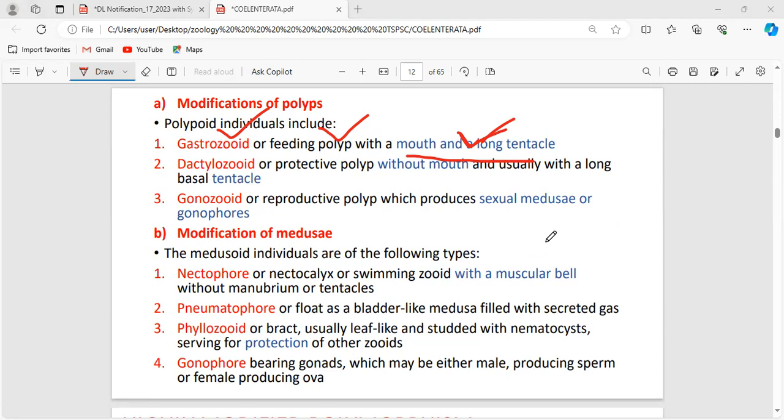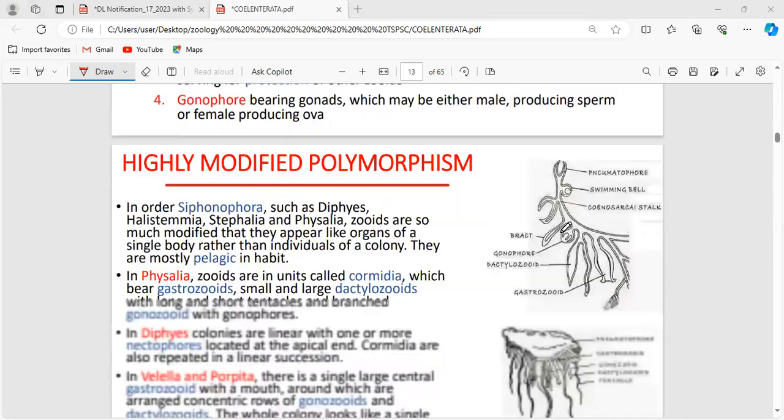Lalita, Shanti Karanya, explain this question.